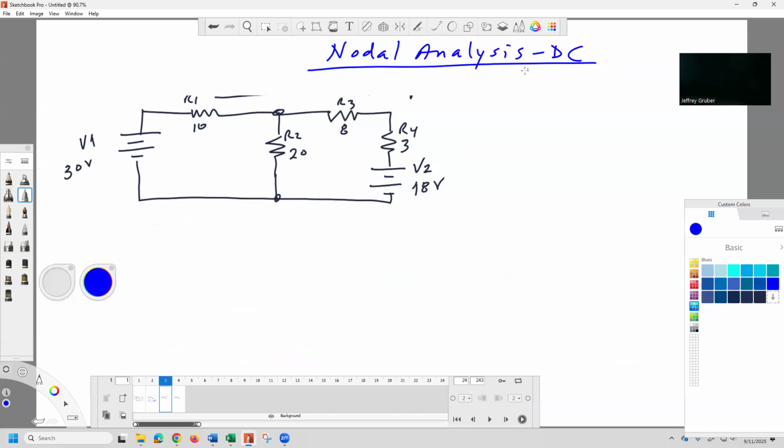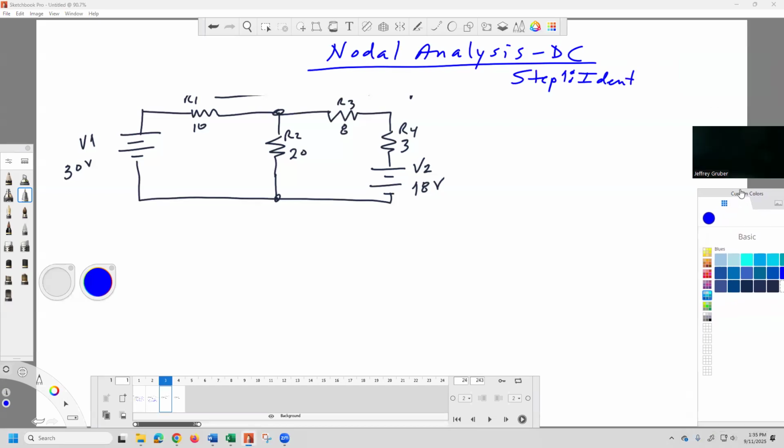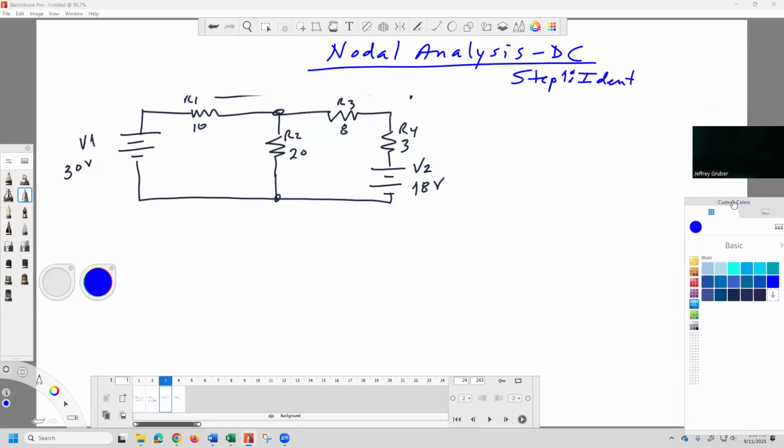Step number 1. Identify non-trivial nodes and reference node.